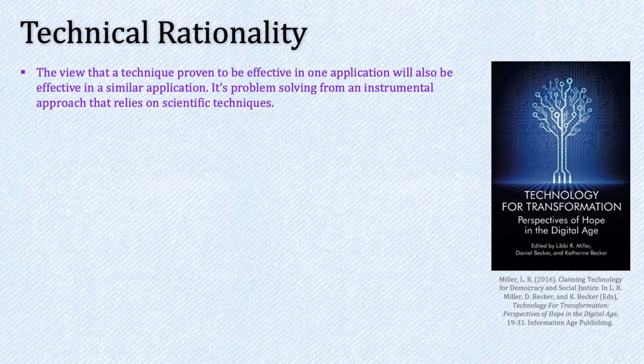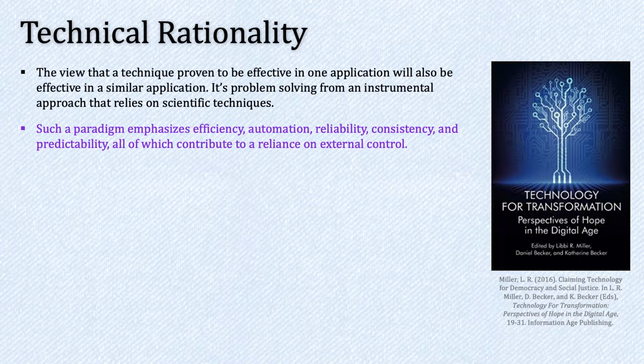Well, this is the view that a technique proven to be effective in one application will also be effective in a similar application. It's problem solving from an instrumental approach that relies on scientific techniques. Such a paradigm emphasizes efficiency, automation, reliability, consistency, and predictability, all of which contributes to a reliance on external control.